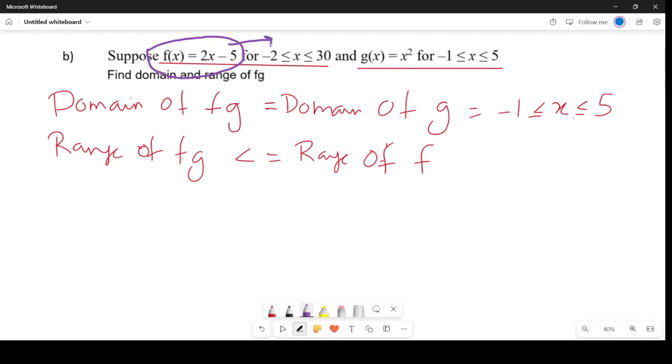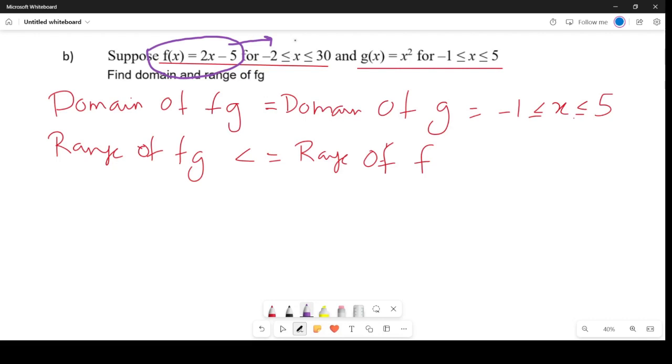What's the range of this? Its domain is -2 to 30. So when x is -2, fx would be -9.